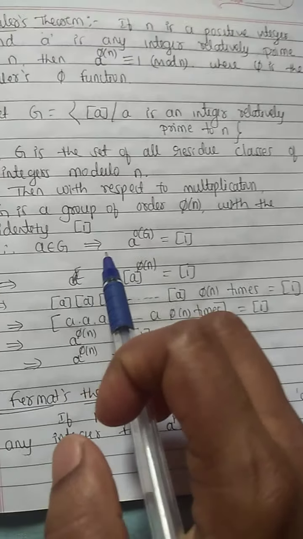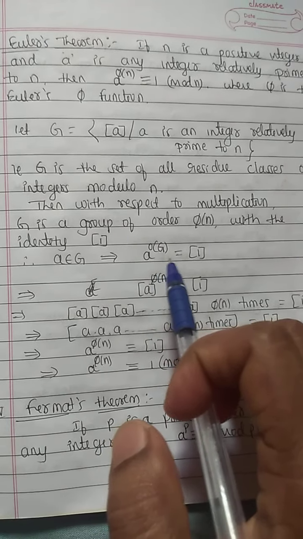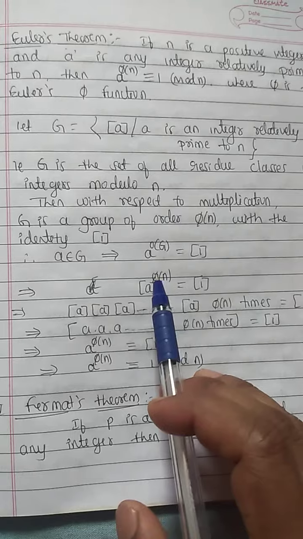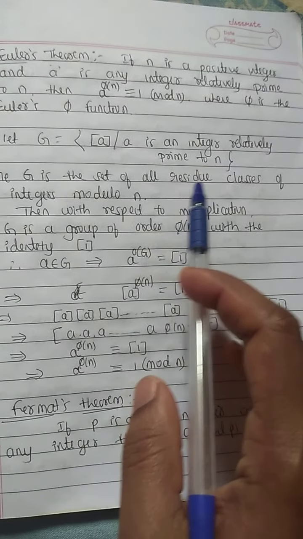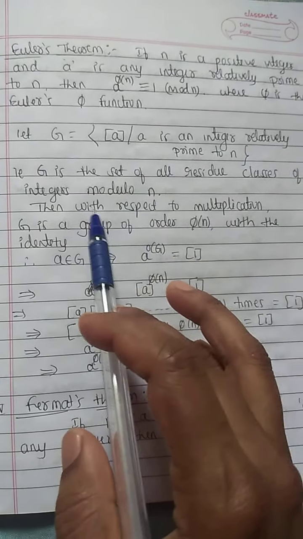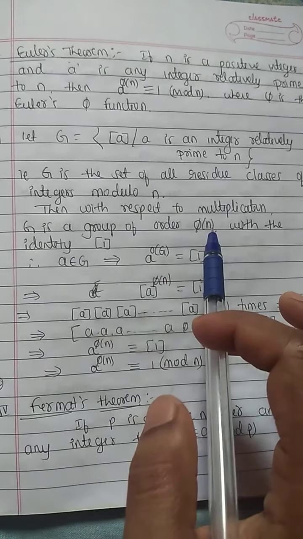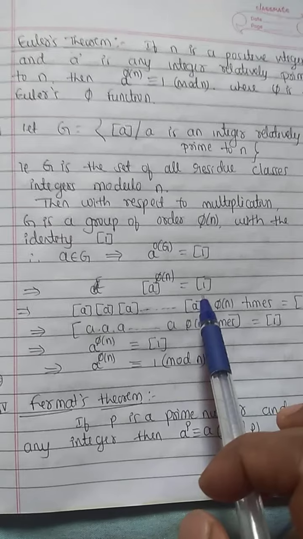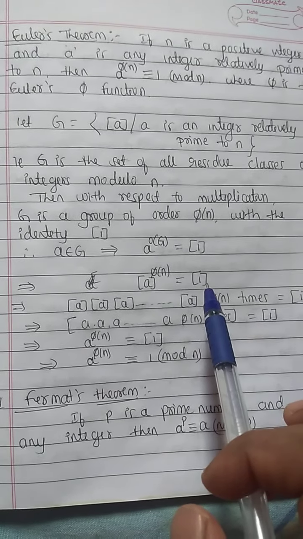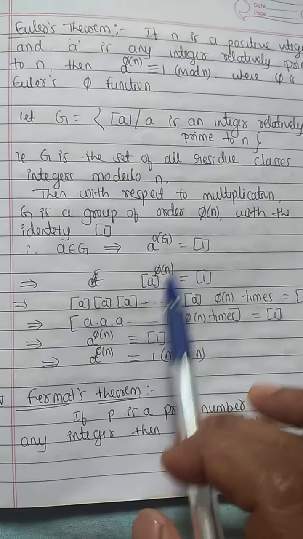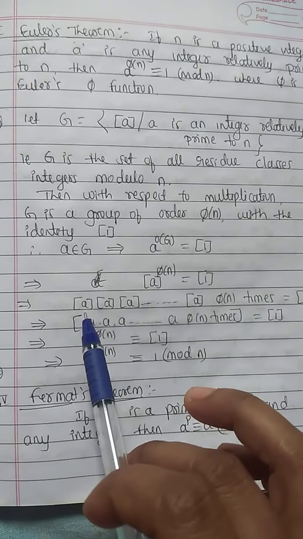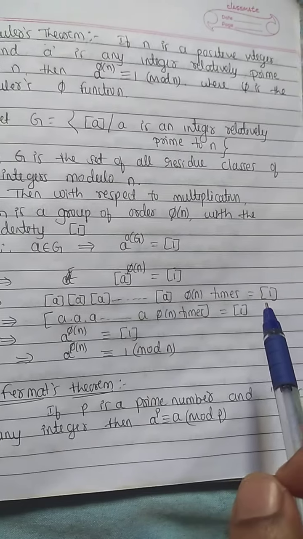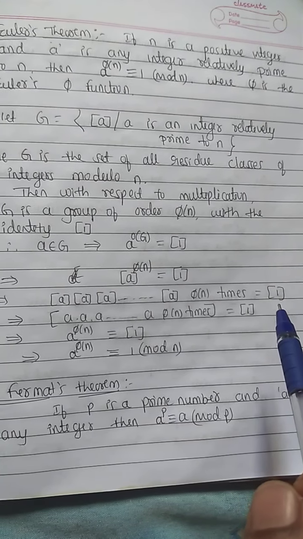Therefore, [a] belongs to G implies [a] power order of G equals residue class [1]. Order of G is phi of n, since G is the group of all such residue classes mod n with respect to multiplication. Therefore, [a] power phi of n equals the identity element, residue class [1]. Then a power phi of n can be written as residue class [a] multiplied phi of n times equals residue class of element 1.